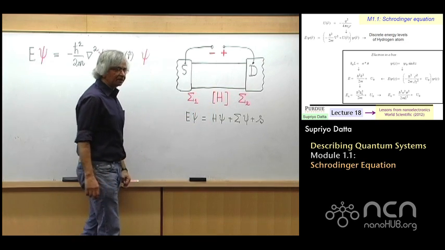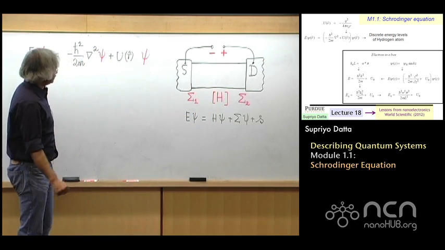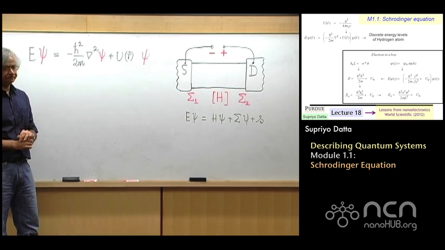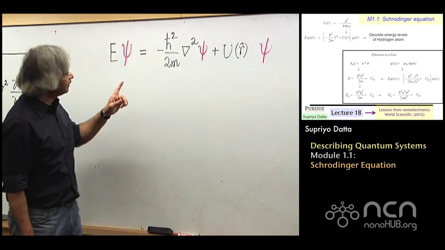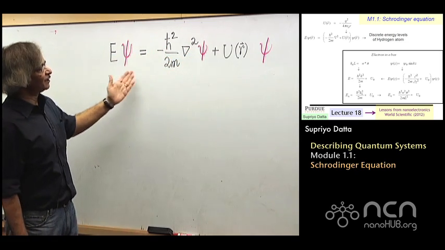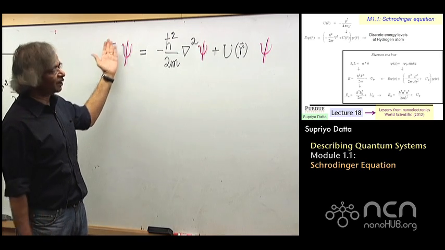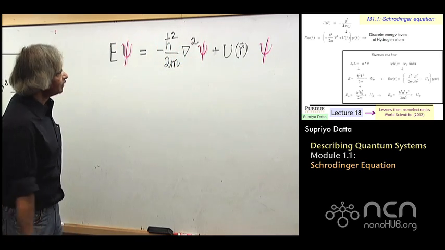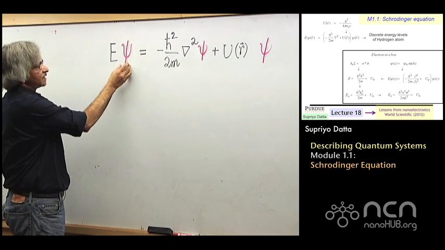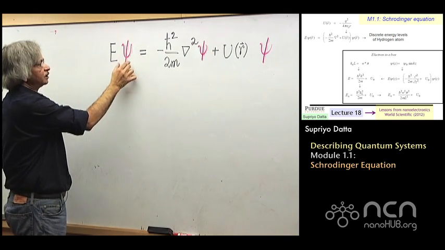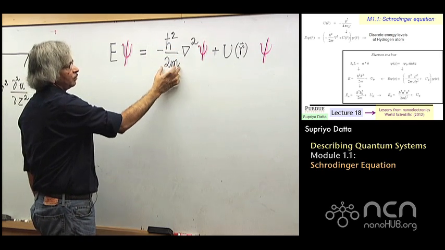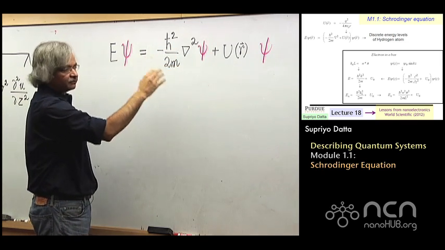As I explained in the overview lecture, the starting point is this Schrodinger equation. Even if you're not familiar with it, you may have seen it here and there. It looks something like this. E, that's a constant, times psi, a function called the wave function, is equal to minus h bar squared over 2m, where m is the mass of the electron.